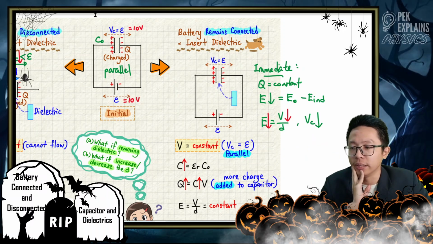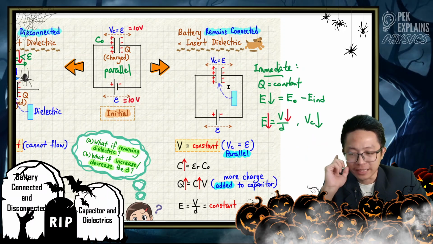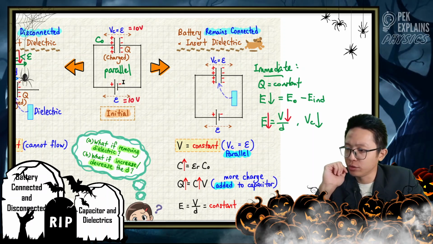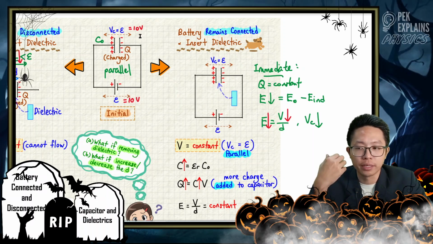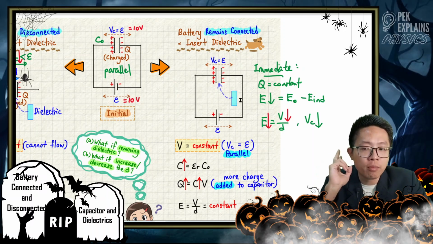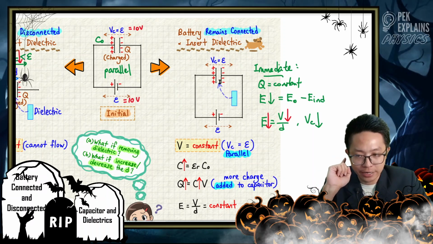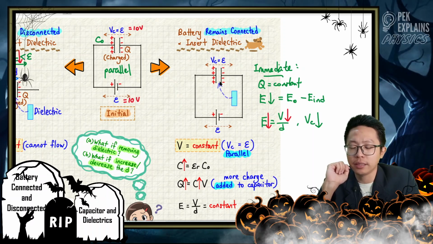Let me explain again. When you connect the capacitor to the battery, it charges to a maximum of 10 volt. The moment you insert a dielectric while the battery remains connected, the capacitor voltage will suddenly drop below the EMF of 10 volt. It becomes only maybe 8 volt. Understand?